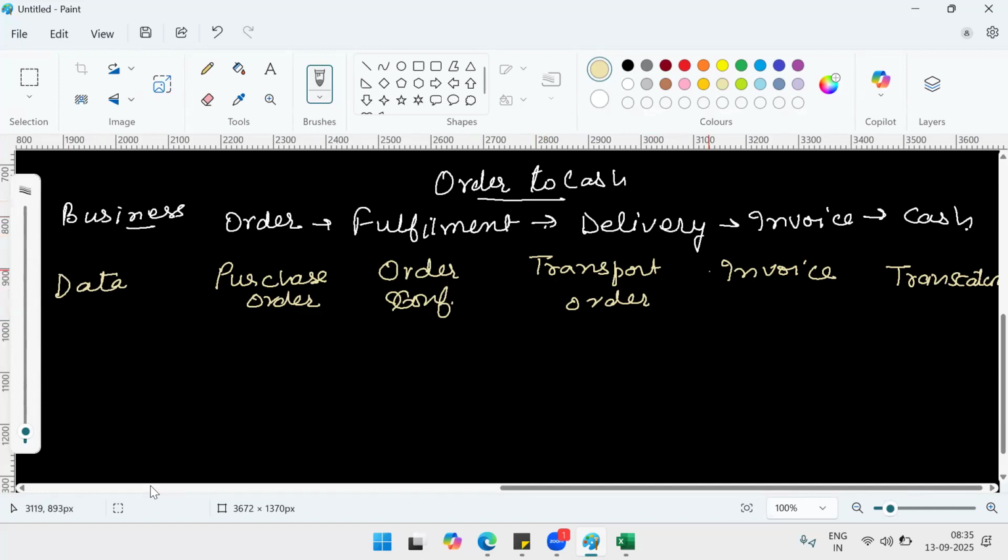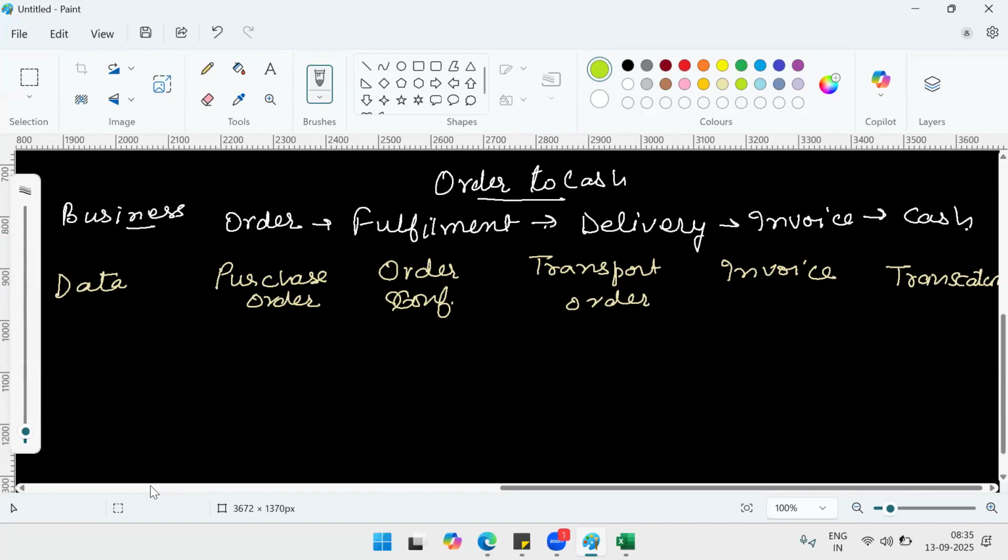Right. Actually your point was valid, which comes into your mind that it is an application. But here we are talking about how much purchase order, whether that is confirmed or not.